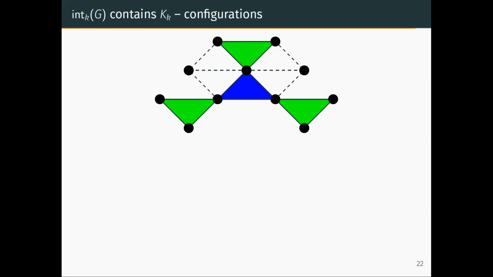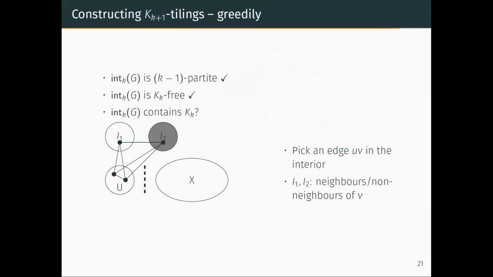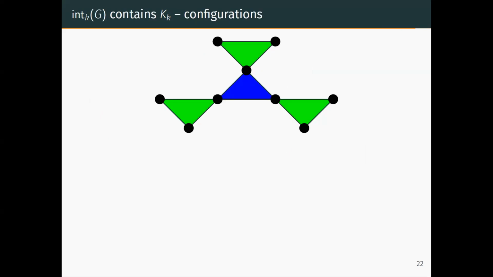Before, you have to lose n minus delta non-neighbors of the vertex, but for some of these extra vertices, you don't have to lose all n minus delta.